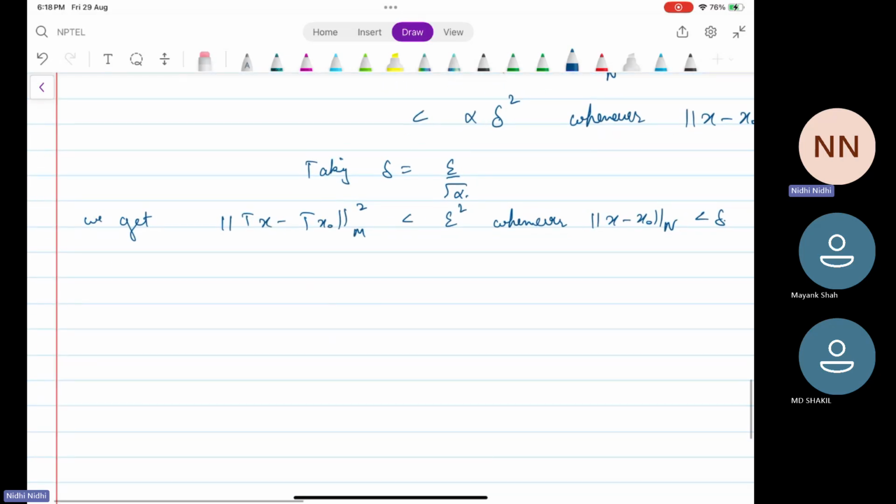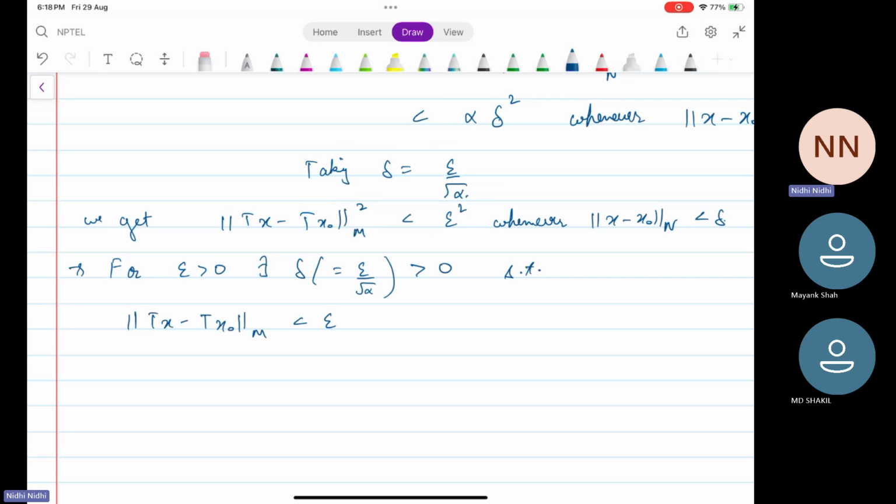This gives us the definition of continuity: for any epsilon positive, there exists a delta equal to epsilon upon root alpha, depending only on epsilon, such that the norm of Tx minus Tx naught is strictly less than epsilon whenever the norm of x minus x naught is less than delta.